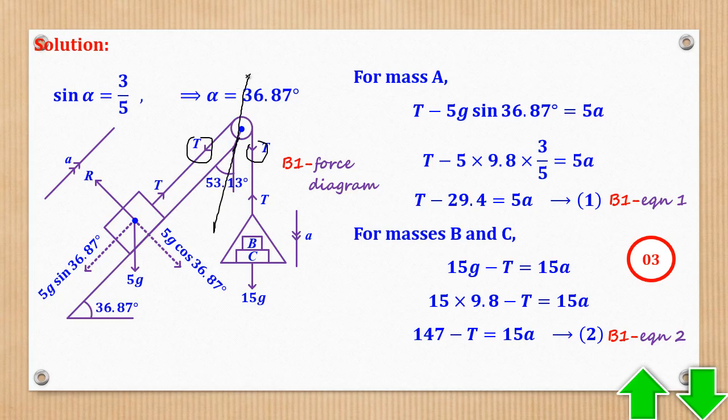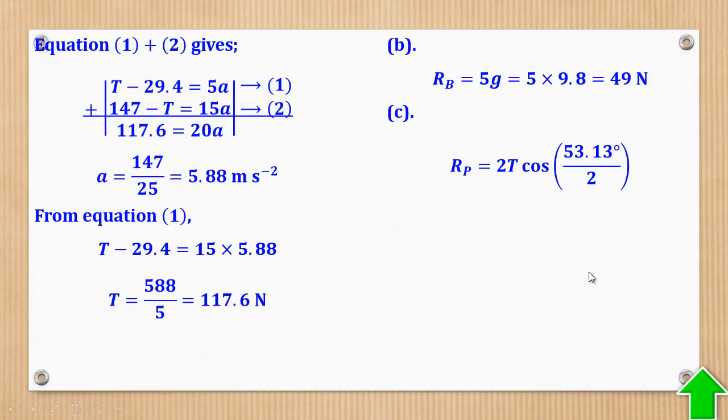Along the line of symmetry here. So that means this angle will be divided into 2. Therefore, the resultant reaction here is equal to the resultant tension here, which is 2T cos half this angle. So that's why you saw us write 2T cos half the angle, which gives the answer they wanted.